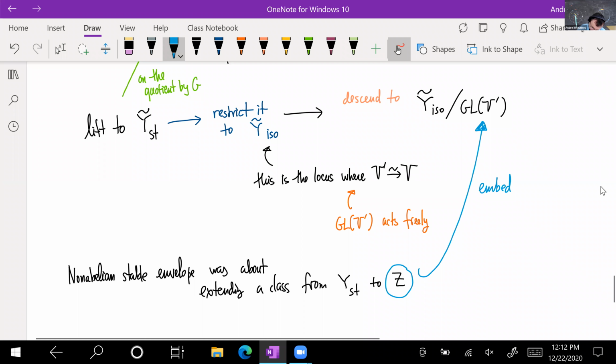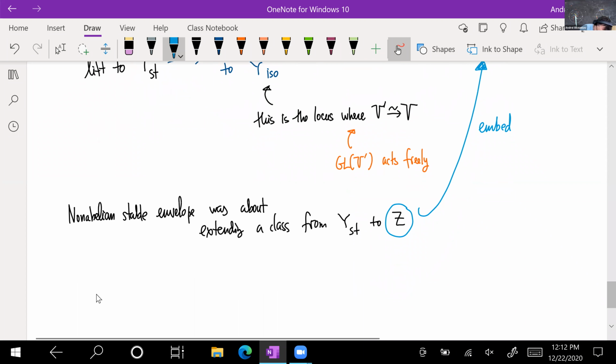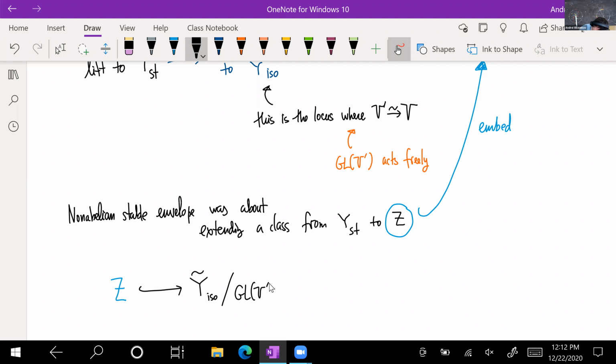And how is that supposed to go? So Z, I have a map, point Z, and it has to go to this Y tilde iso mod GLV prime, right?